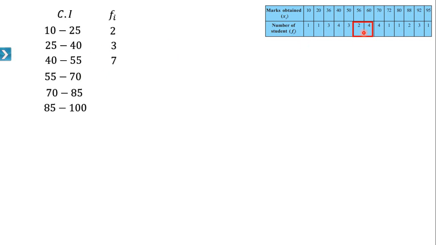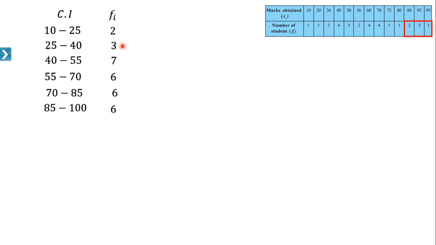So, 55 to 70 is 6, then 70 to 85 is 6, and 85 to 100, that is 2, 3, 5 plus 1, 6. So, we have converted the ungrouped frequency distribution table to a grouped frequency distribution.